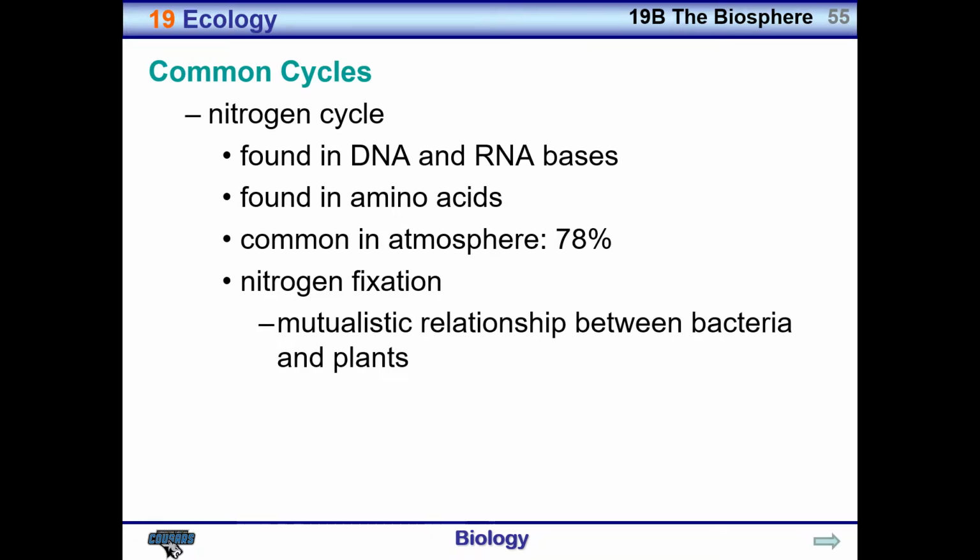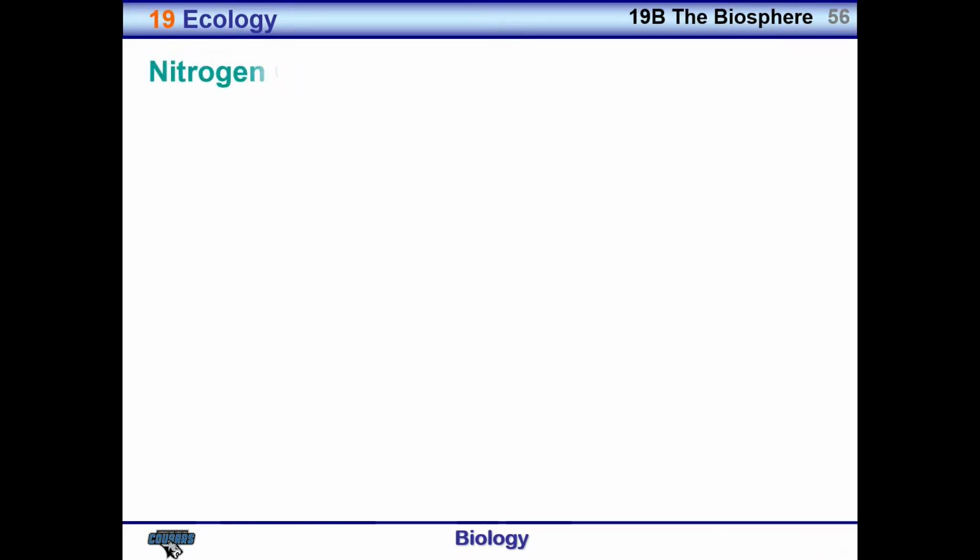Nitrogen fixation occurs when we have bacteria and plants working together, a mutualistic relationship between those. The bacteria provide the usable nitrogen compounds to a plant, and then this plant in turn provides a home for and food for the bacteria to live.